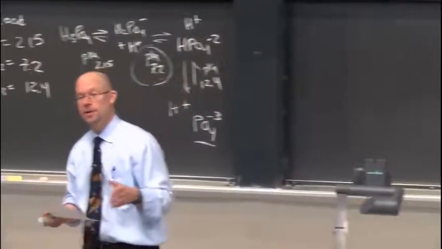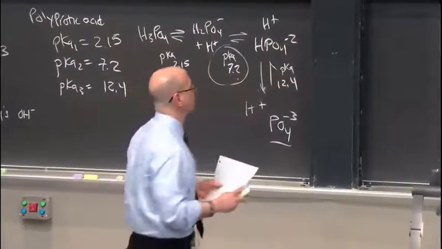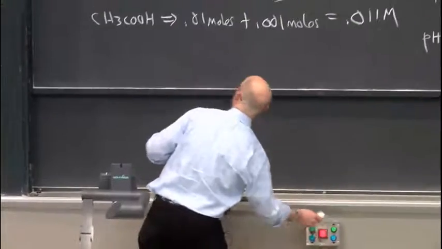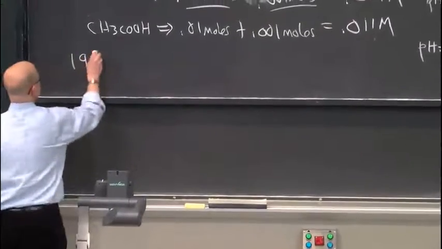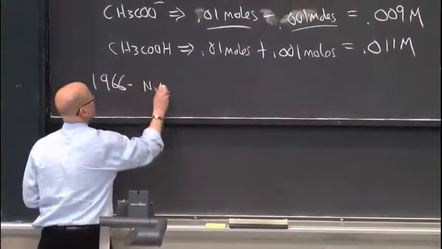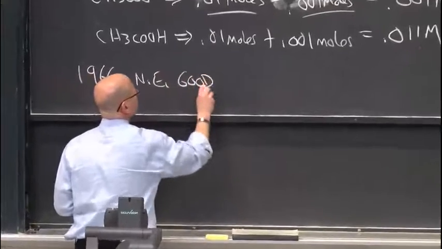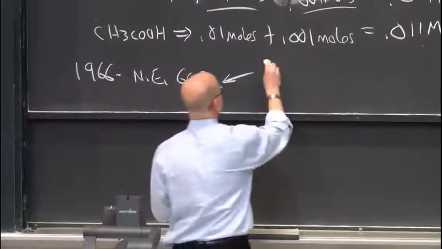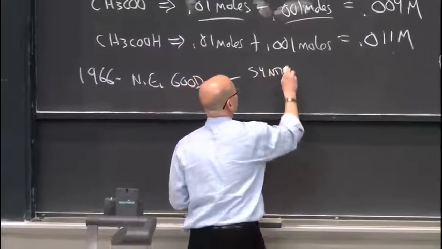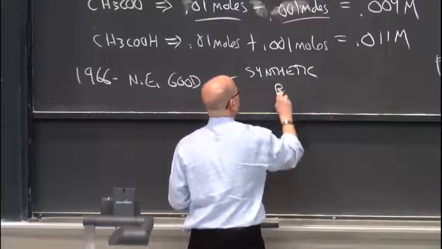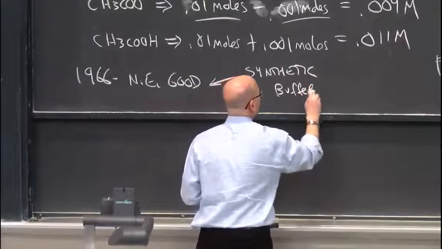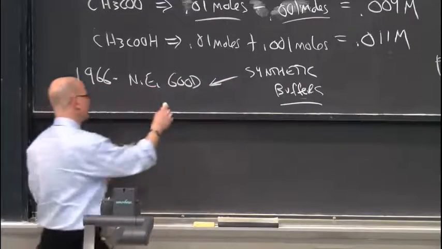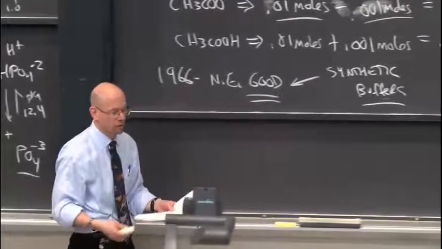And so there are a limited number of choices until in 1966, a chemist by the name of N.E. Good came up with a bunch of synthetic buffers. And they are referred to today as good buffers. Not trying to be funny, that's really what they're called, good buffers.